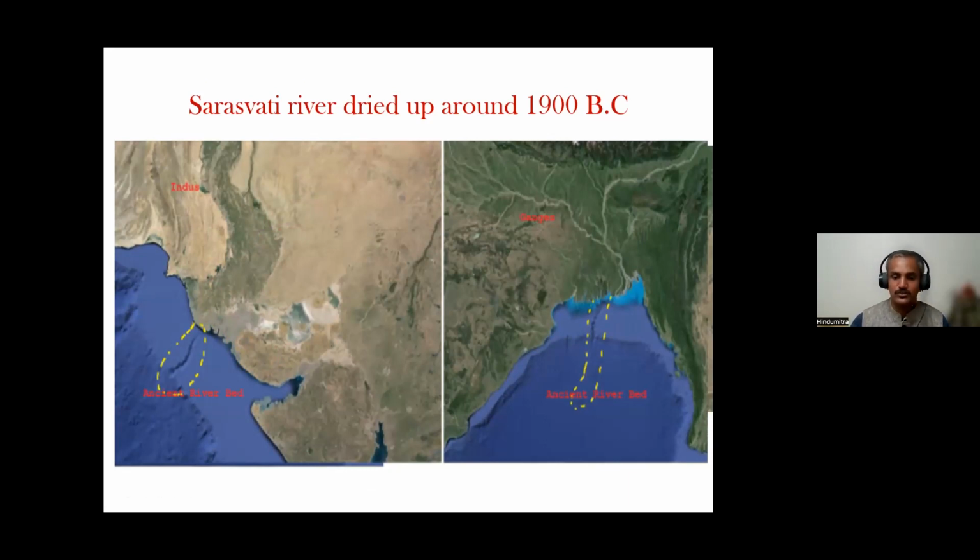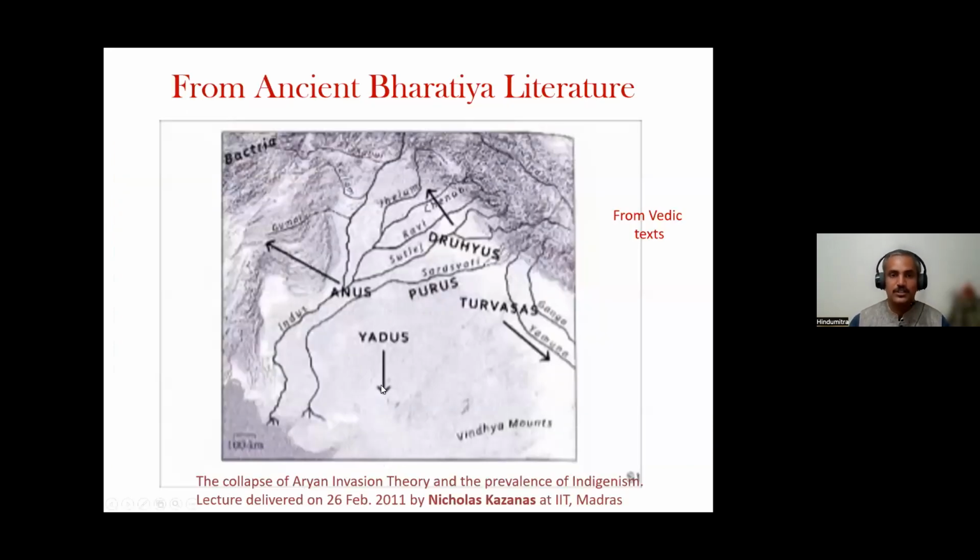Now I will delve a little bit into the literary evidences, what we found in the ancient Bharatiya literature. The Vedic text says that the whole region used to be called Sapta Sindhu.